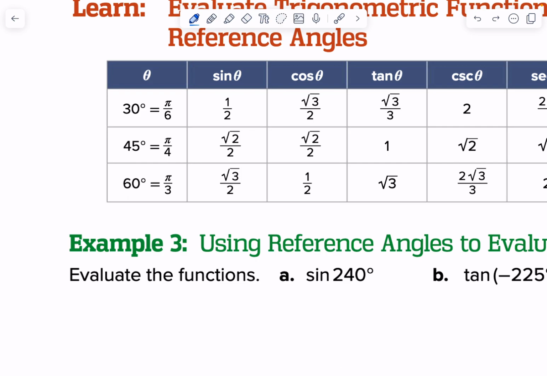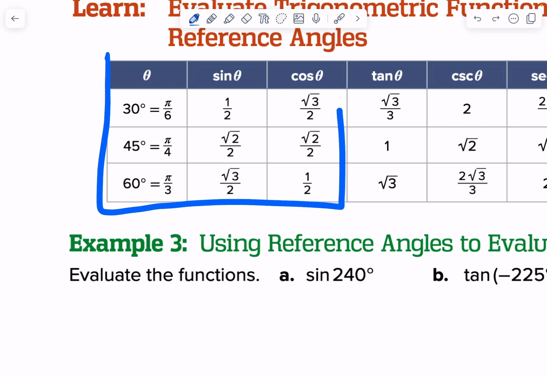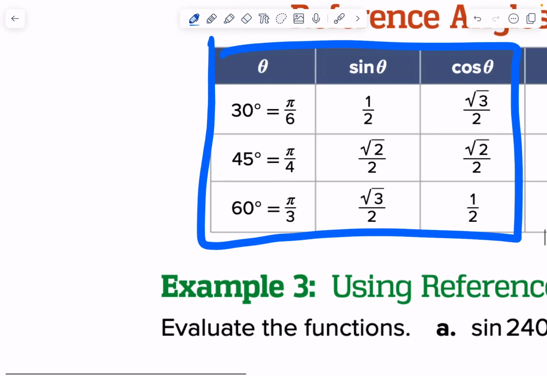basically what it boils down to is that these first 3 rows and columns here, or four rows, 3 columns, if you can figure out and remember these, I don't necessarily have them memorized, but if you know those first 2 columns, like the sine and cosine of 30, 45, and 60 degrees, you can figure out all of the other places on the unit circle, okay?